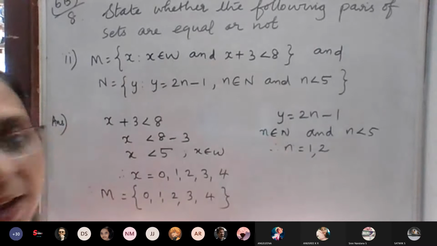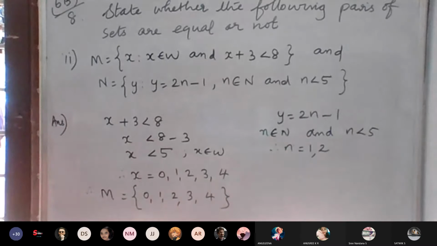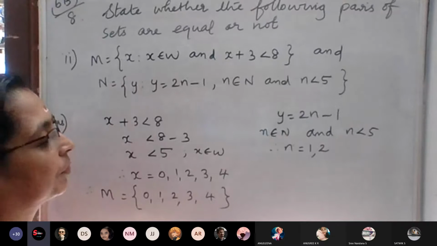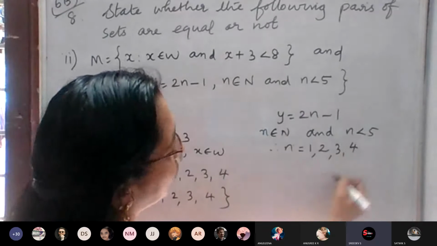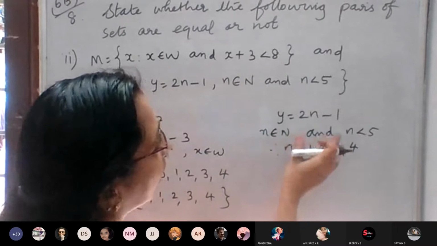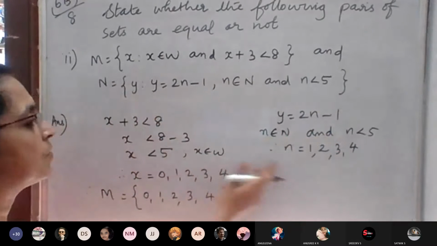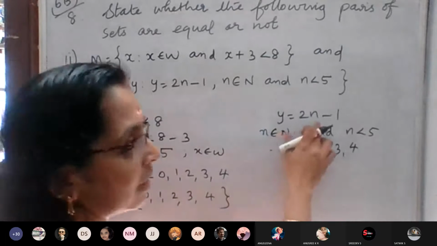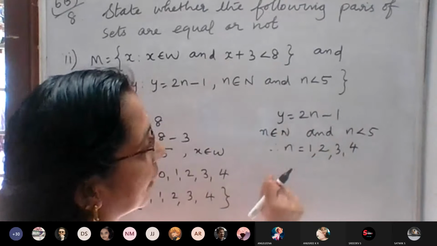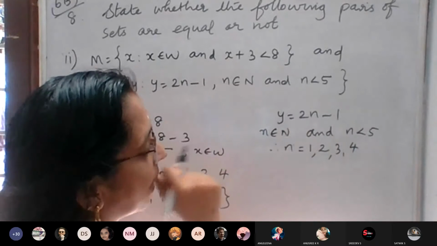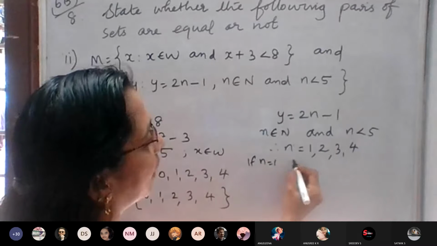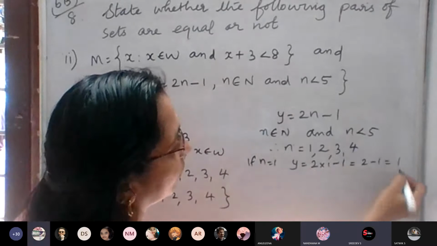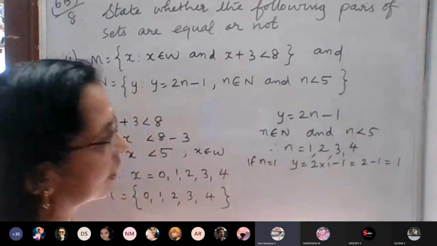Okay. N belongs to N and n less than 5. So n is 1, 2, 3, 4. Here, what is the difference between these two? We can't directly find this value; here we have n, so we have to substitute. If n is equal to 1, y is equal to 2 into 1 minus 1 is equal to 1.